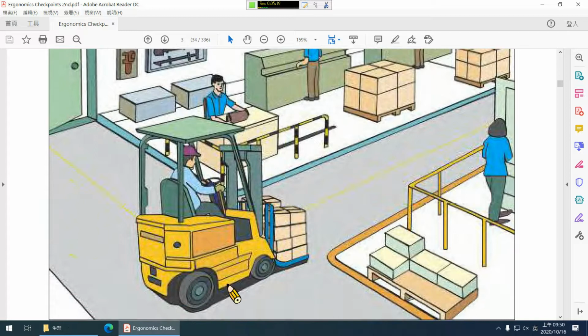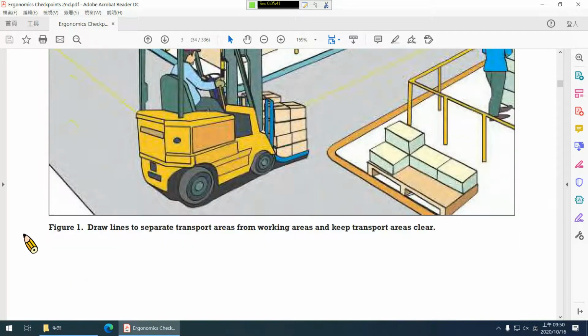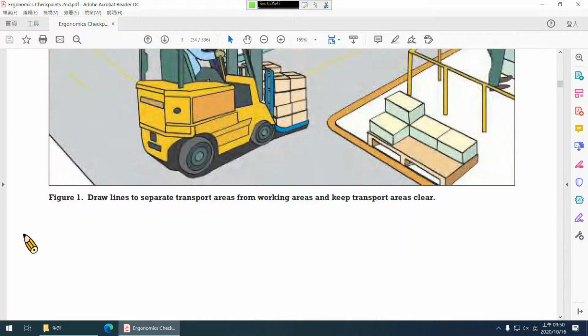Today, the major manufacturing sites are following this very, very well. They mark where the vehicles should go, and they also mark where the operators should walk. They have very clear walkways.